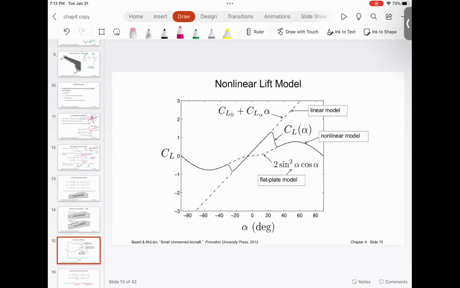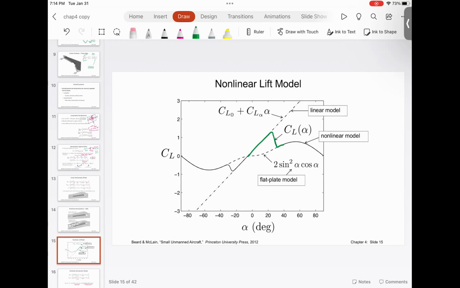If you look at the nonlinear lift model, this is how it looks. As the angle of alpha is increased, the lift increases, and at a certain point, it drops down. It is very difficult for us to derive or draw this, so most of the time we do wind tunnel experiments, or we perform computational fluid dynamics to get this coefficient of lift versus alpha relationship.